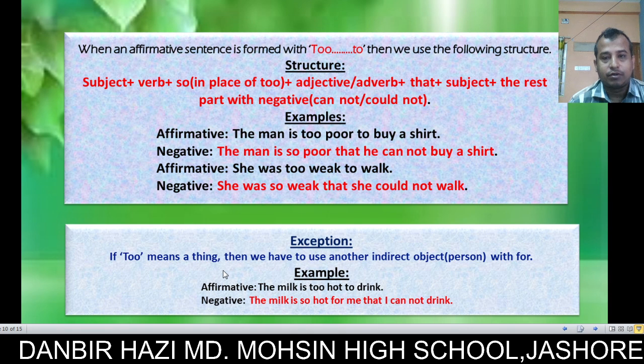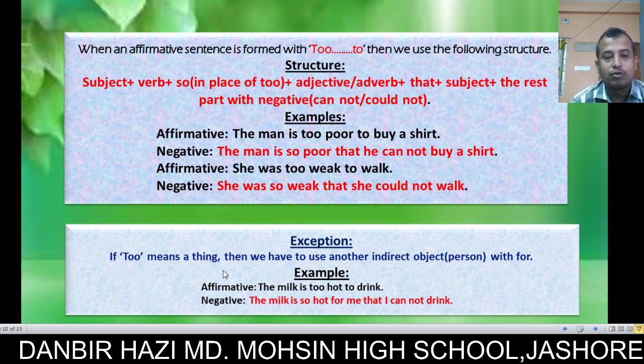We write so instead of to, and that instead of to, and then in the rest of the sentence, I mean the next clause, we use can, could, depending on the tense, and we also add a not after that. So let's take an example. The man is too poor to buy a shirt. The man is so poor that he cannot buy a shirt.